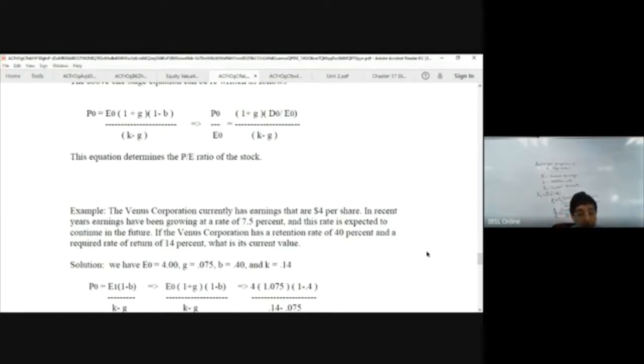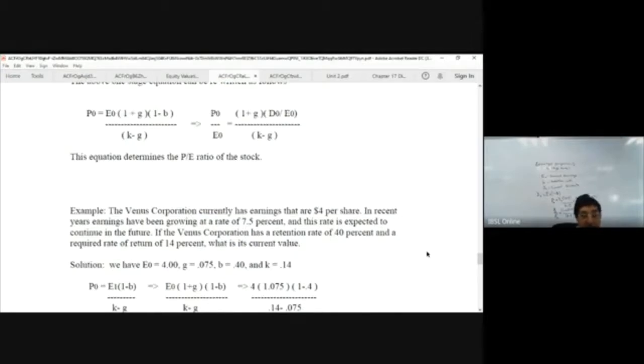Of course, in this particular example, the price has to be calculated. So first of all, what we have done was we just put the available data clearly. Current earnings is dollars per share, so E0 is equal to 4. Then what is G? 7.5%.